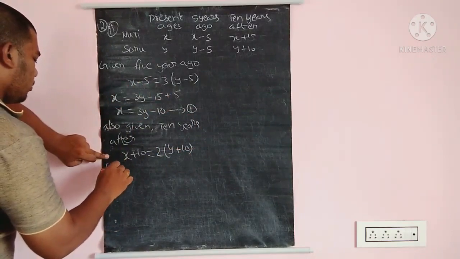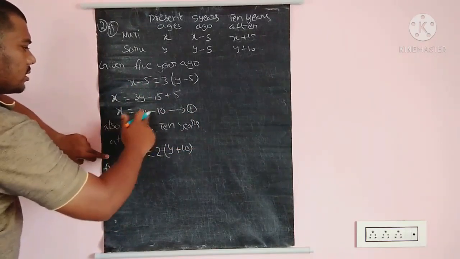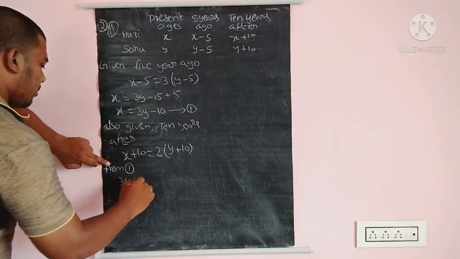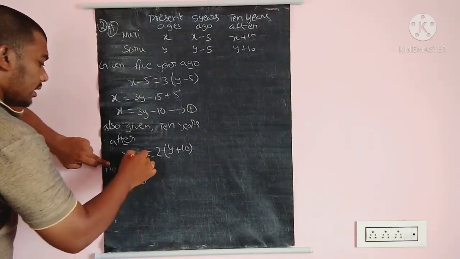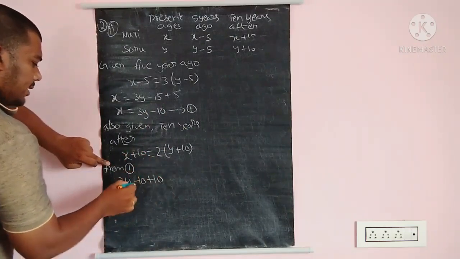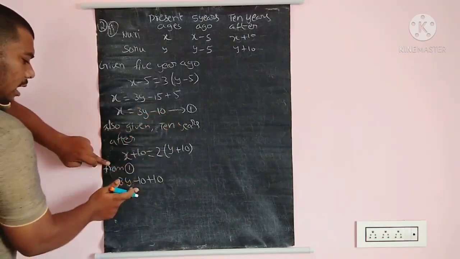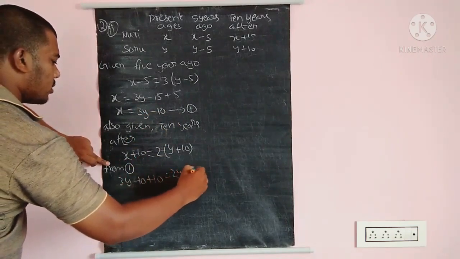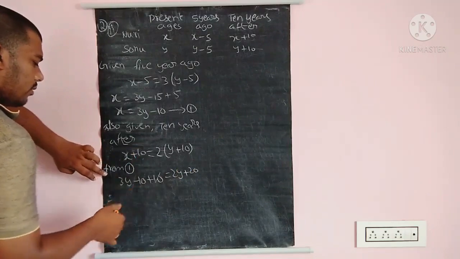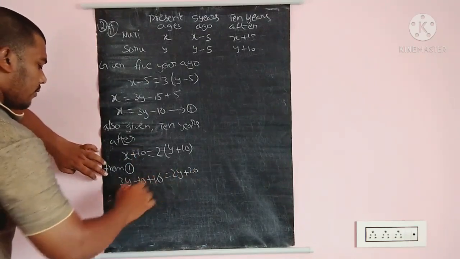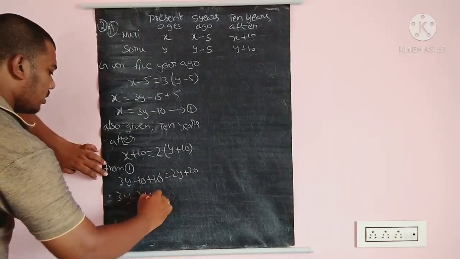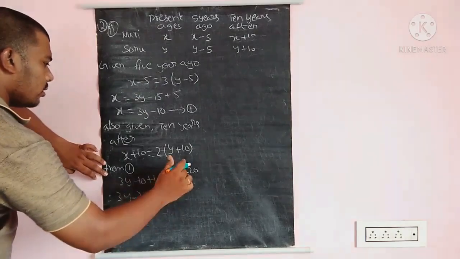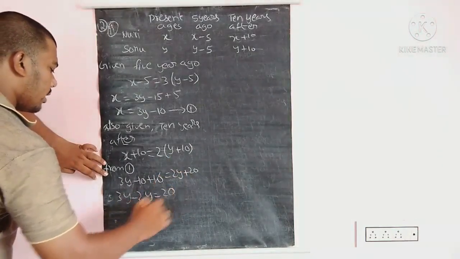From 1, what we can write: x means 3y minus 10, and this plus 10 is already there. So 3y minus 10 plus 10 is equal to 2y plus 20. 10 will eliminate. 3y minus 2y is equal to 20.